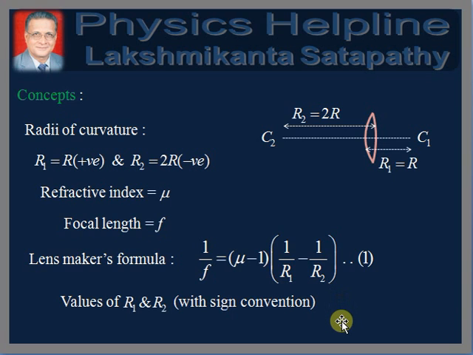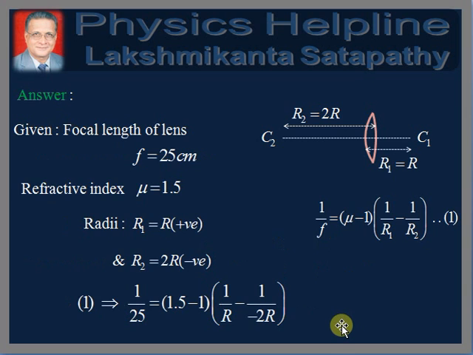In this, we need to substitute the values of R1 and R2 with proper sign convention. Now for the answer. It is given in the question that the focal length of the lens f is equal to 25 centimeters and refractive index mu is equal to 1.5.